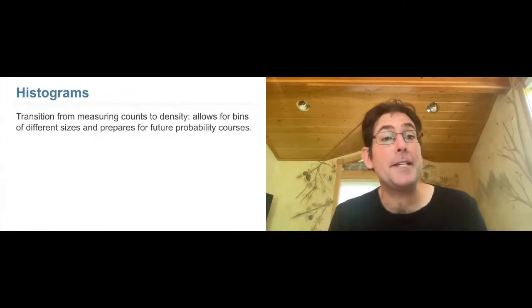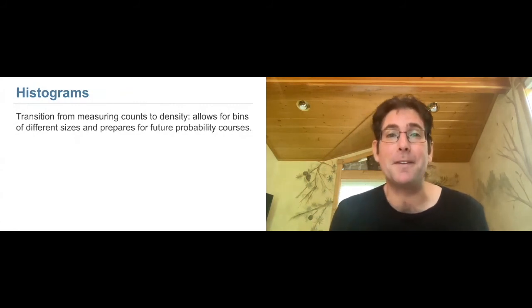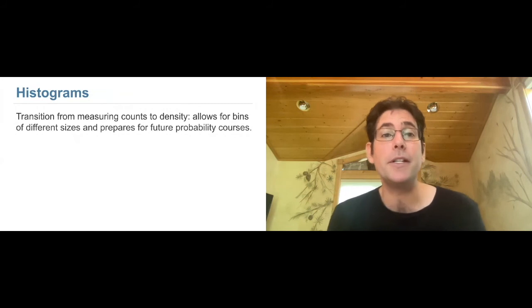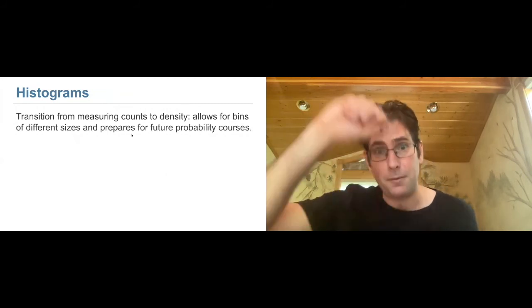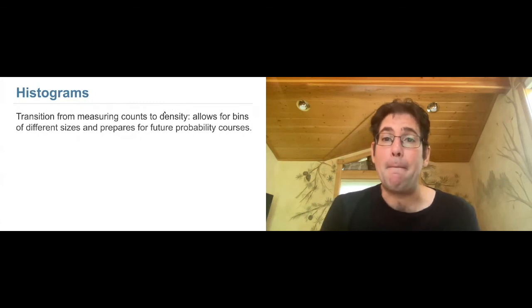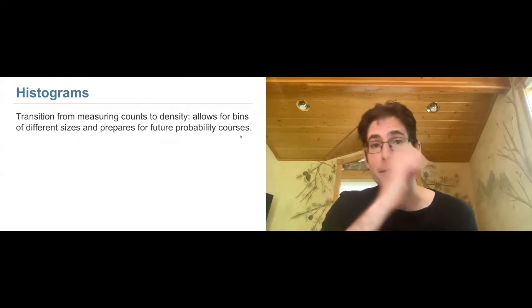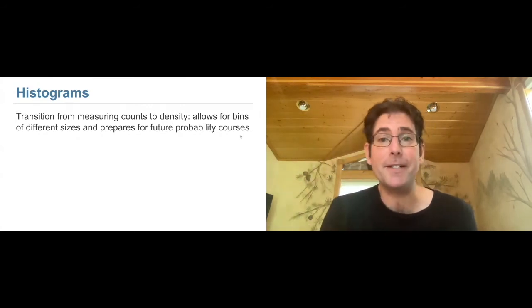We spend a lot of time on histograms, and we do something that's genuinely difficult for students to grasp, which is to transition from measuring counts on the y-axis to measuring density. This is basically to set them up for future probability courses where you'd see a density function.